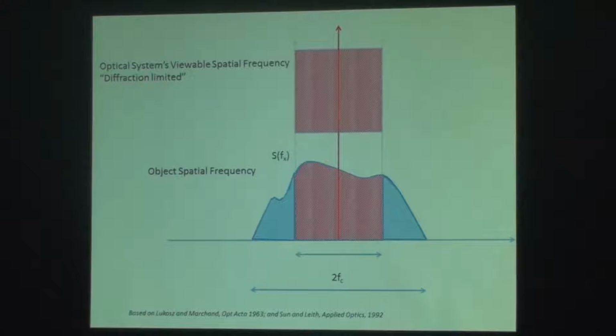This concept was introduced approximately 3 years before my birth, and it was revamped by Sun and Lathe in '92. These are the redrawn images of the frequency spectrum from Sun and Lathe. This is the same picture I showed in the frequency space in the last slide.